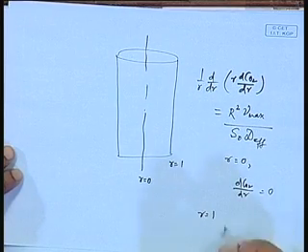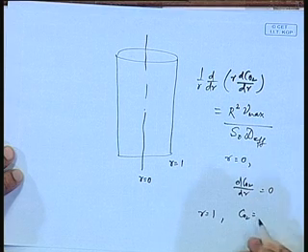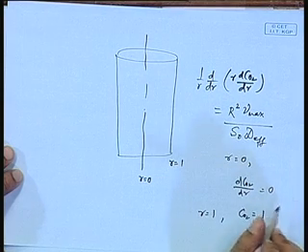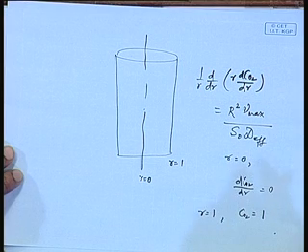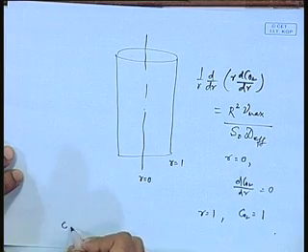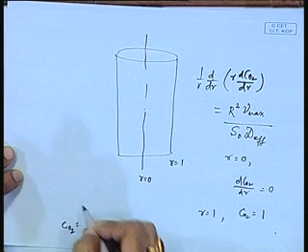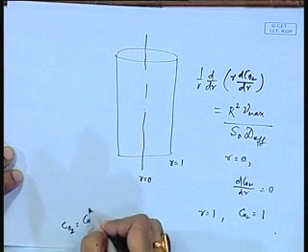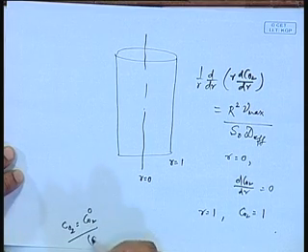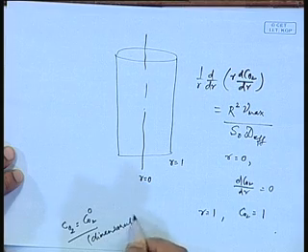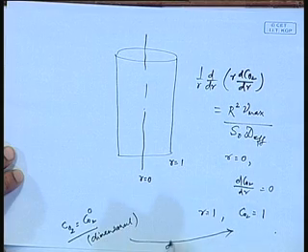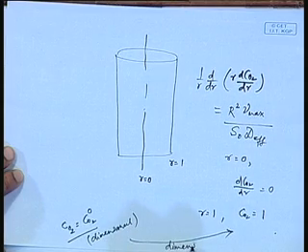CO equals 1 in the dimensionless coordinate, which means that the actual value of concentration is some value CO naught. CO is equal to CO naught in dimensional form. When you turn into dimensionless, this is what you get.